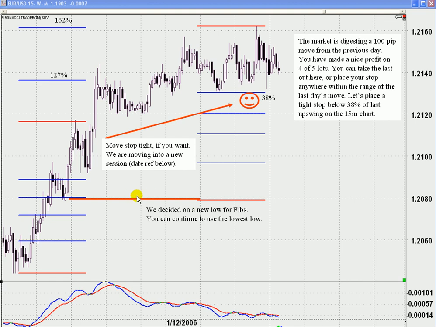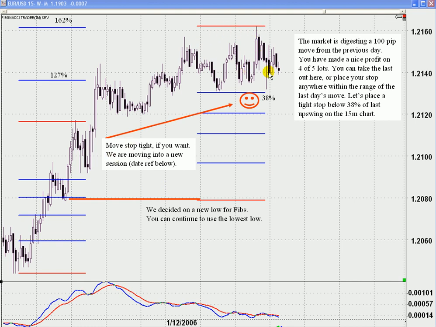This is what it looks like in the larger spectrum. We can have our Fibonacci pulled from this low to this high, or we can have it pulled from even one of these lows to the high. In any event, as price consolidates, we find it supported at the 38% retracement from this low to this high.